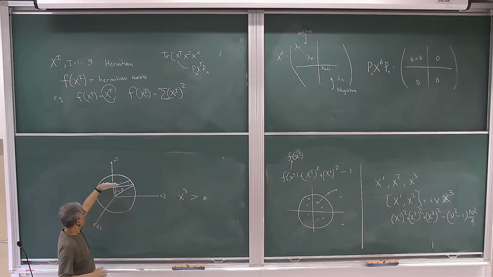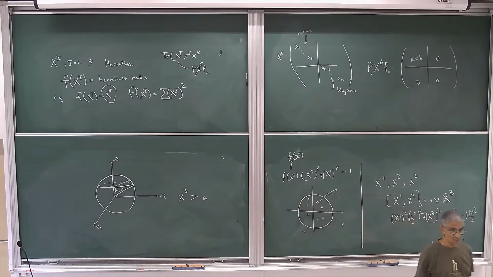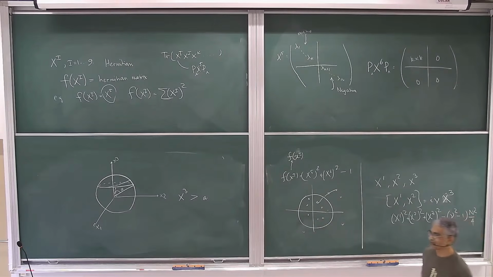And the x3 greater than A sort of represents this cap of that fuzzy sphere. Okay. And so you do the thing, namely you go to a gauge where x3 is diagonal. Then you figure out what happens to x1 and x2, because those are now still in square degrees of freedom.